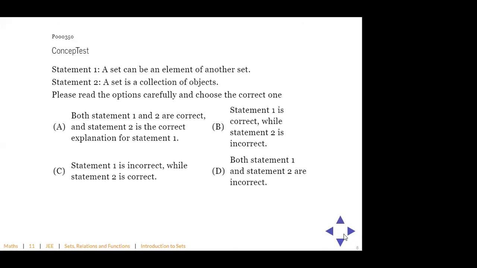Let's see one concept test. The question is, a set can be an element of another set. Statement 1: a set can be an element of another set. Statement 2: a set is a collection of objects. Which is the correct answer?